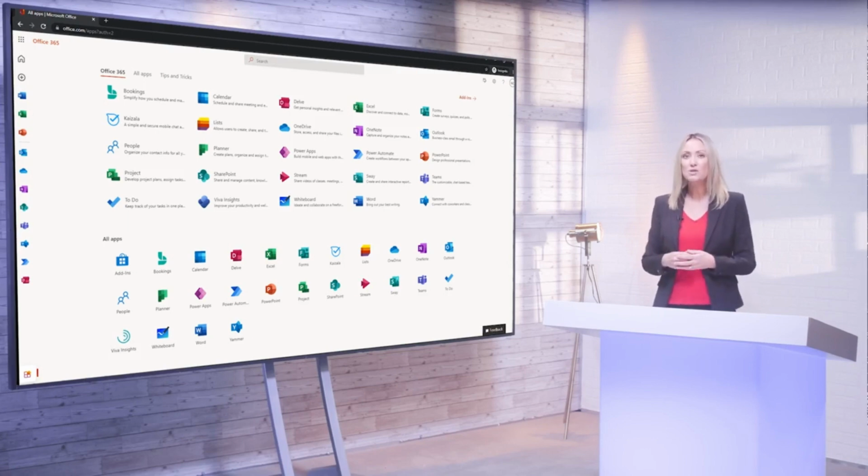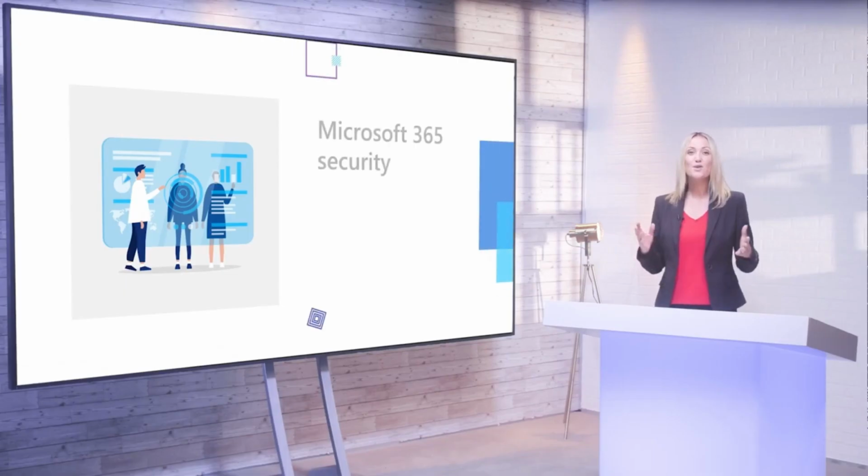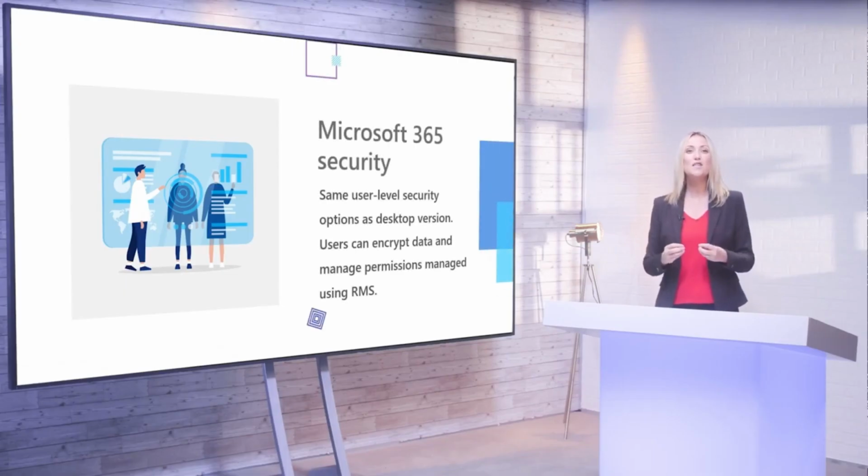This might lead you to raise questions around security and ask, how secure is Microsoft 365? You'll be relieved to hear that you don't need to worry. Microsoft 365 offers the same user-level security options and trust center as the desktop version. In fact, you can even enable encryption and set permissions using the Right Management Service, also known as RMS.